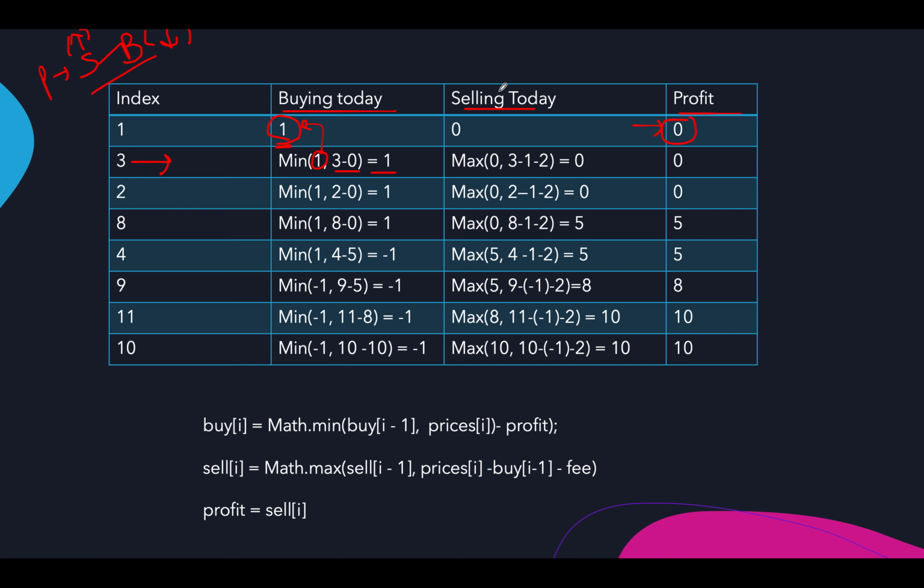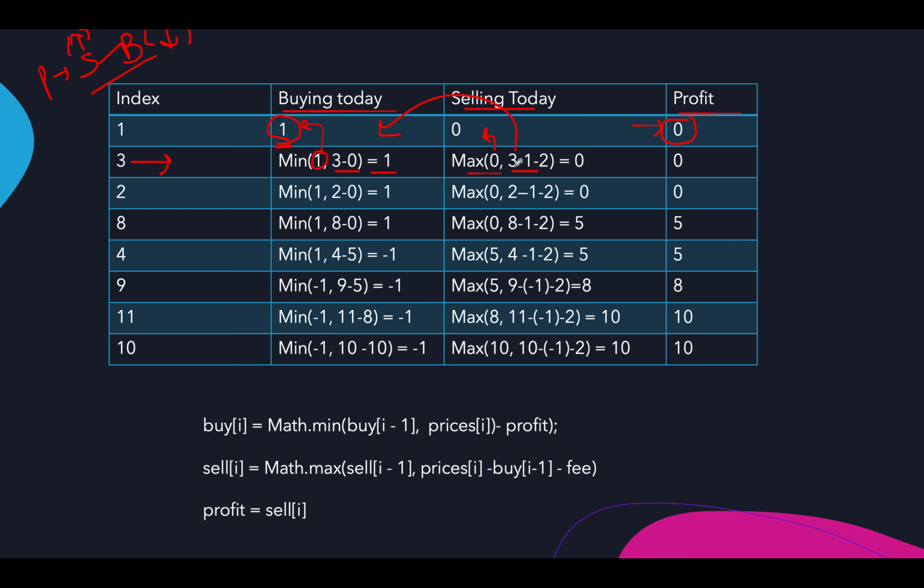So let's fill in the selling today case. The first thing stands for we need to maximize this. So the first possibility is whatever the previous selling profit was. The second possibility is you are selling on this date. So for selling on this date, you must have bought on the previous date. So you'll look at this value, and you'll pay the transaction fee.